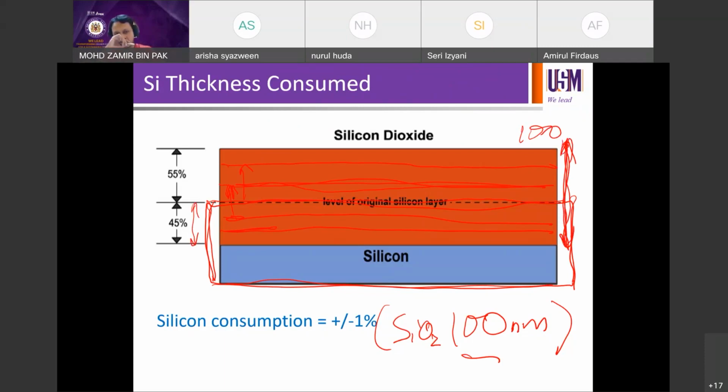So the rule that we use here, or the mechanism that's involved, is called 55-45. That means 45% of the silicon will be consumed.